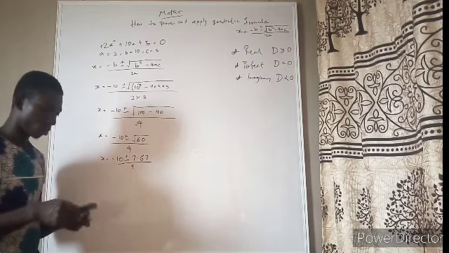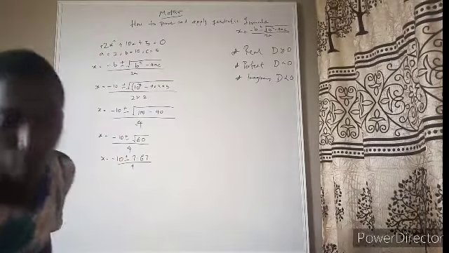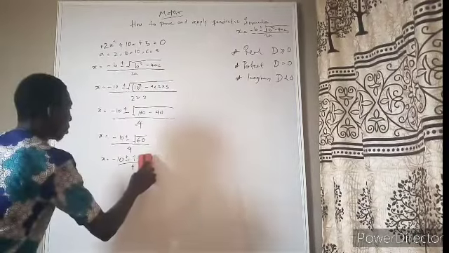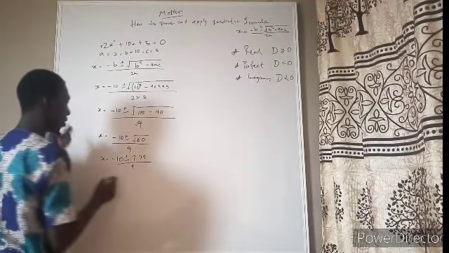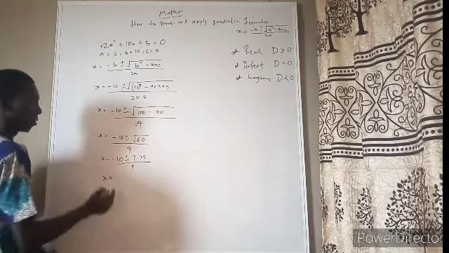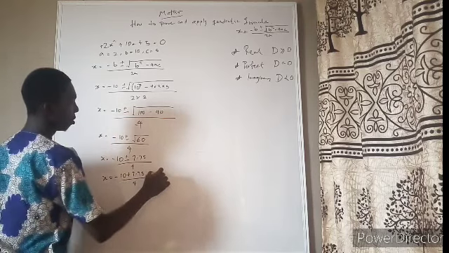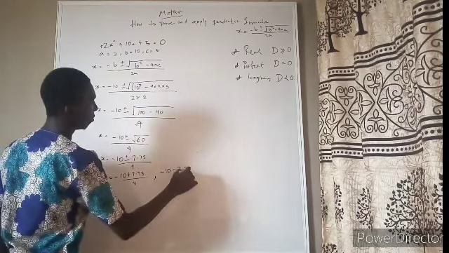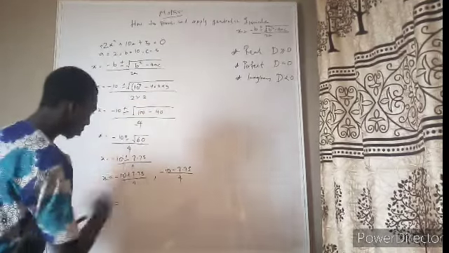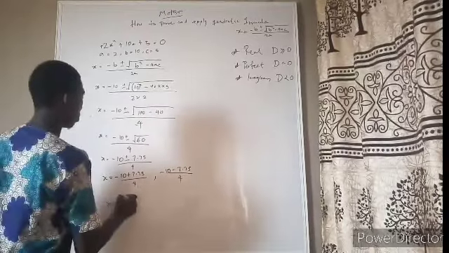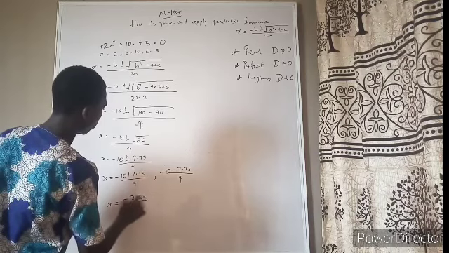Root 60 is 7.75. So I can now split the plus or minus: minus 10 plus 7.75 all over 4, or minus 10 minus 7.75 all over 4. 7.75 minus 10 gives us minus 2.25 all over 4.